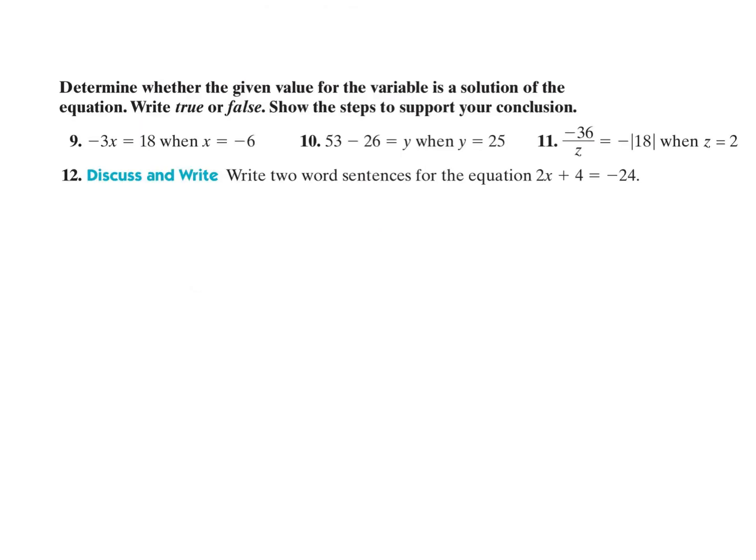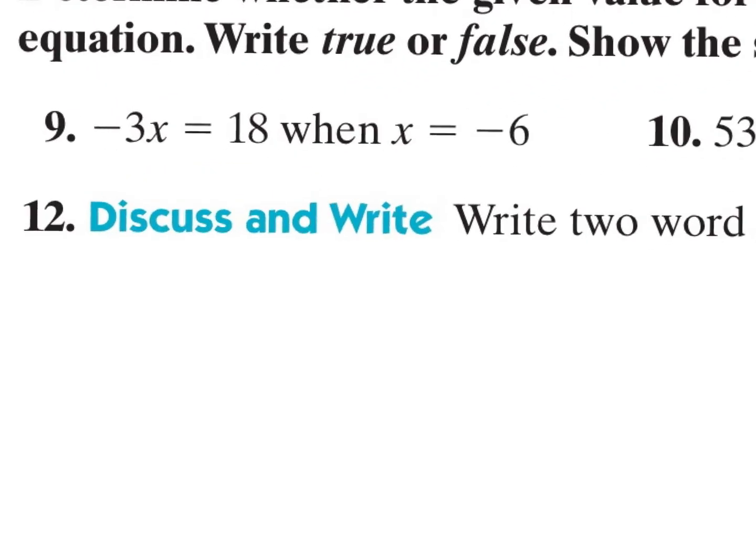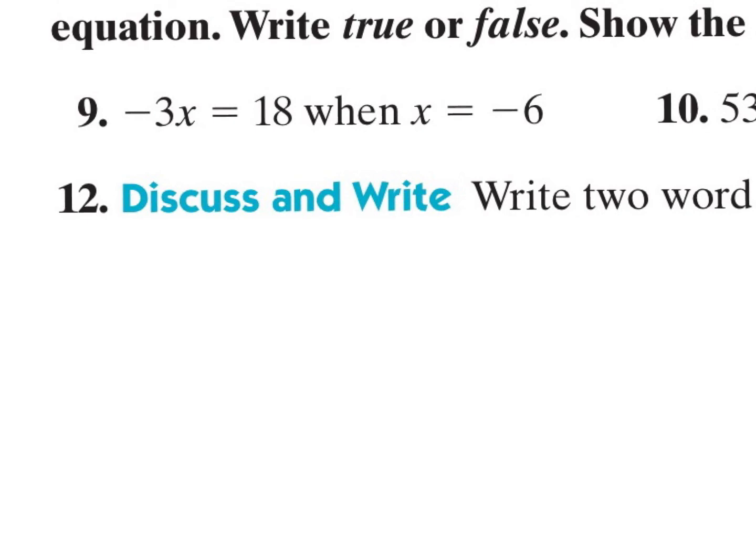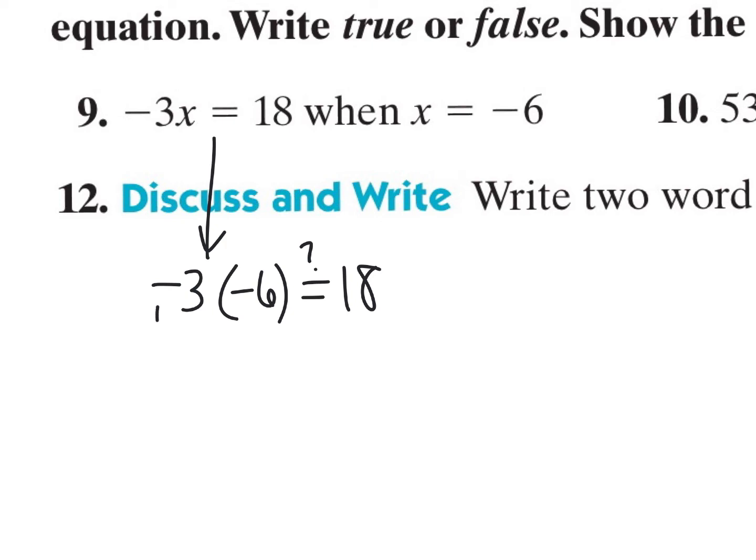We go down to number 9. They're asking whether the given value is a solution of the equation. So for 9, what we would want to do is substitute a negative 6 in place of the x. We can put a question mark above the equal sign because we're testing to see if this works or not.